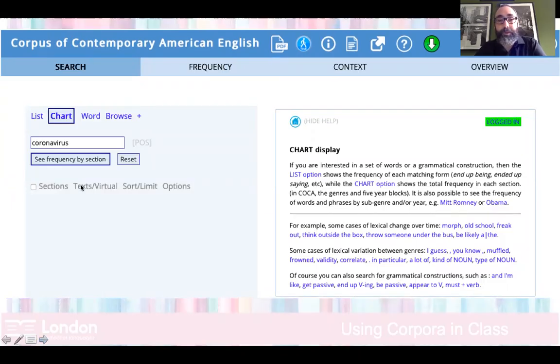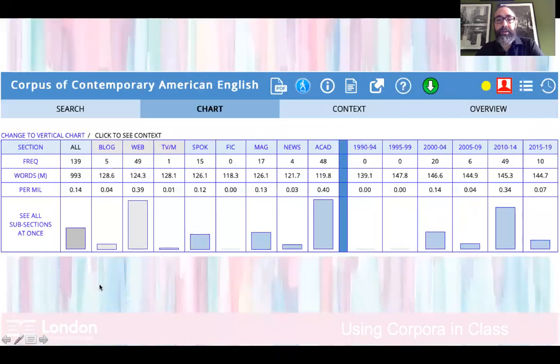For this feature, coronavirus, all right, the chart will give you this information. It will give you historical information about the word, I mean, when it was more frequent, and in which context it is more common. So if you want the chart display for coronavirus, this is what you get. Obviously, we don't have the latest entries, but in the next couple of years, coronavirus will go up there on the list.